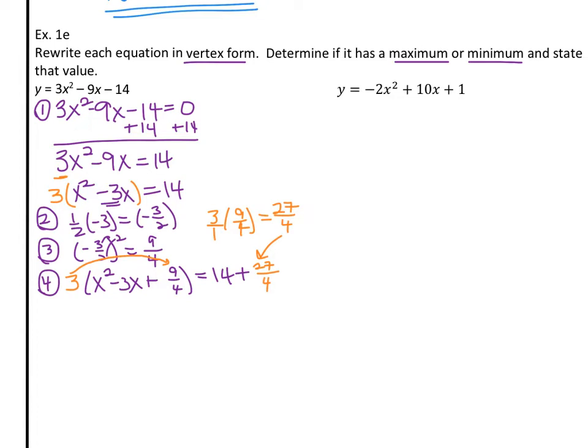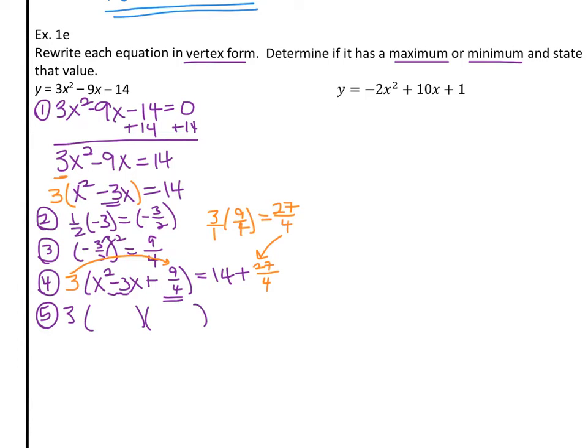All right, so now what we can do is factor the perfect square trinomial on the left. That's our step 5. Here's the unique thing about this. Remember, we've talked about how step 2 can be helpful. If you want to try to factor 9/4 into two numbers that would multiply, or that would add to get negative 3 in the middle, we don't even have to worry about what that is.